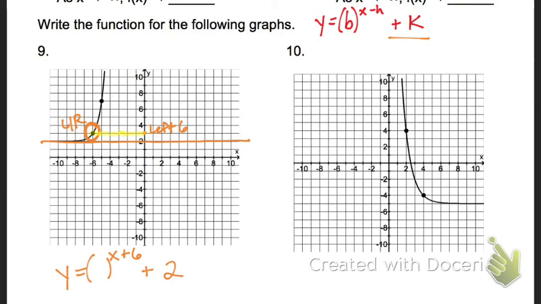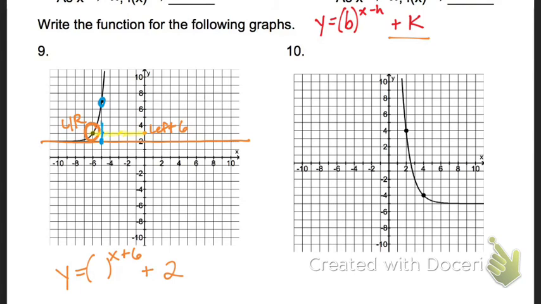Now I need the number in parentheses. So you take the point that is the next point, 1 x value away from that. And you count the vertical distance from your asymptote. So it goes up from your asymptote.